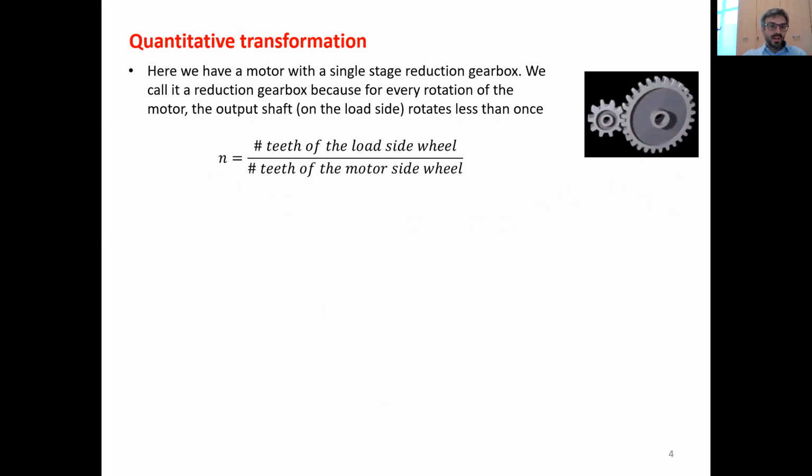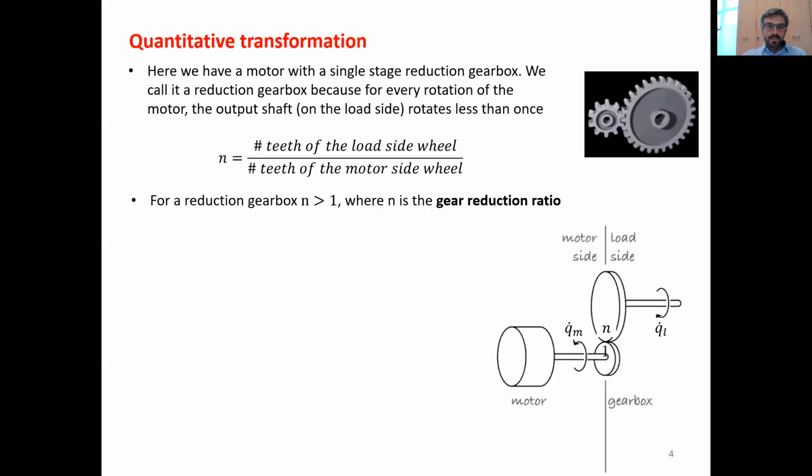And in general, transmissions are defined with the gear ratio, which is the number of teeth of the load side wheel divided by the number of teeth of the motor side wheel, or the difference in rotations of the load side wheel with respect to the motor side wheel. And if this is bigger than 1, we call it reduction ratio.